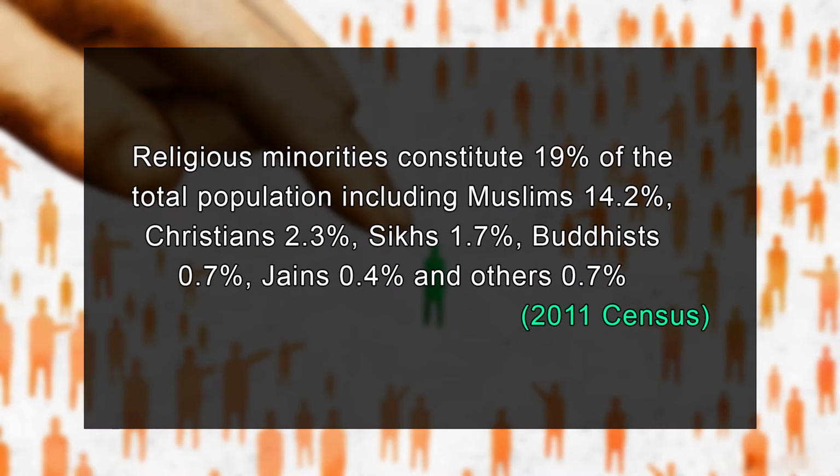According to the census 2011, religious minorities constitute 19% of the total population, including Muslims 14.2%, Christians 2.3%, Sikhs 1.7%, Buddhists 0.7%, Jains 0.4% and others 0.7%.